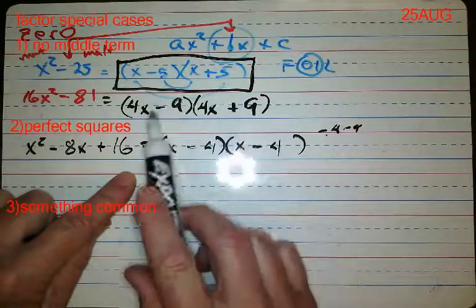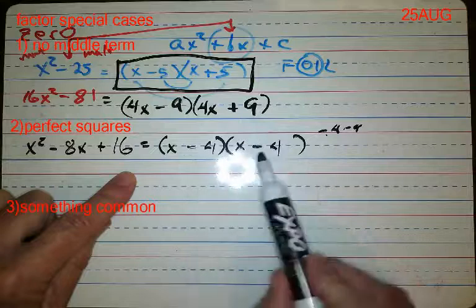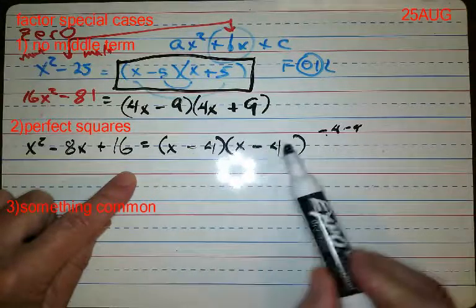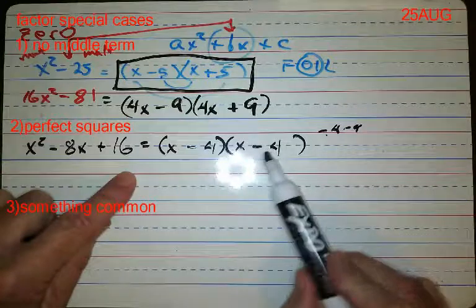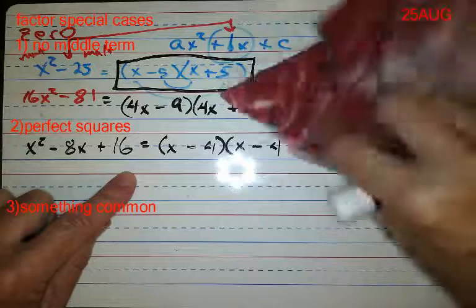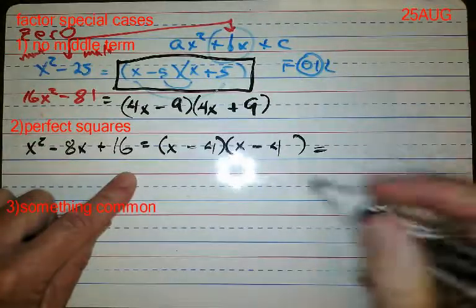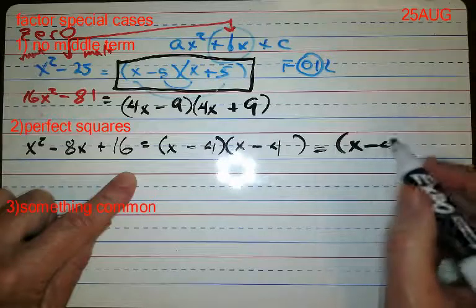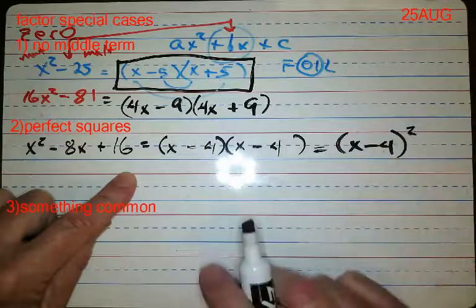This was a plus and that's a minus, right? But these two are exactly the same. They're both the same sign, negative 4 and negative 4. Right? So there's another way to write this answer.